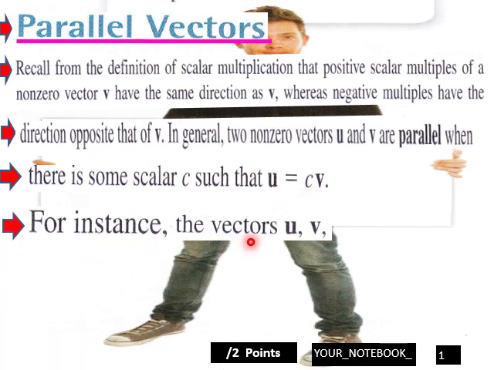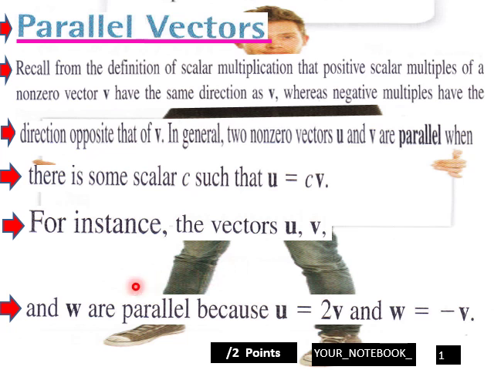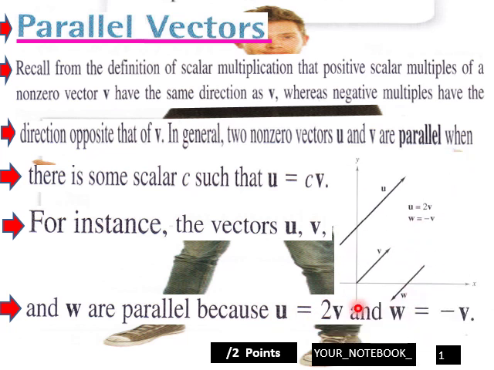For instance, the vectors u, v, and w are parallel because u equals 2v and w equals negative v. So in this situation, they're parallel because u equals 2v, and w equals the negative of v, so it's moved across here. This is how they will be parallel because of scalars.